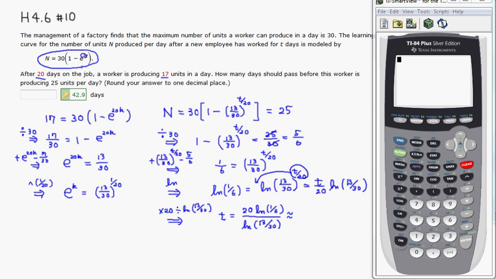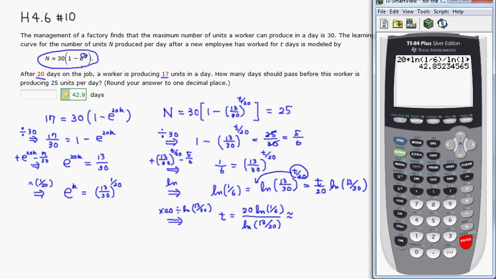So it's 20 times the natural log of 1 over 6, then divided by the natural log of 13 over 30. Then hit enter.